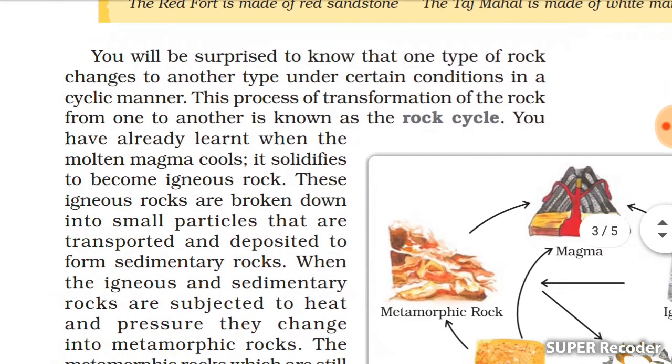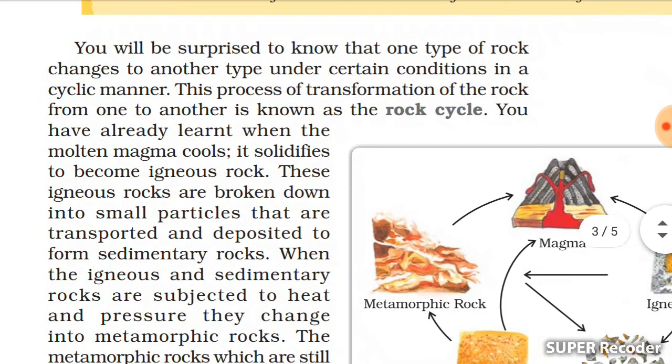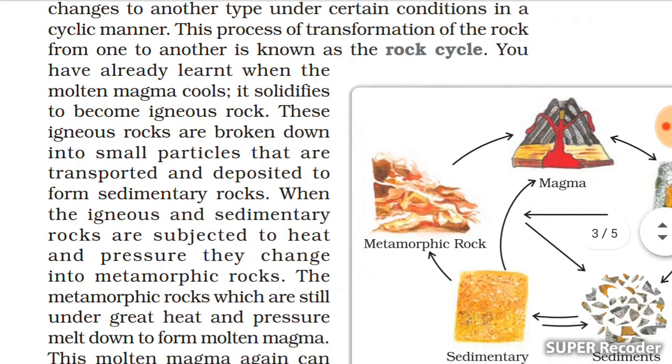You will be surprised to know that one type of rock changes into another type, and there are a lot of changes in a cyclic manner. This process of transformation of rock from one to another is known as the rock cycle. You have already learned when the molten magma cools, it solidifies to become an igneous rock.